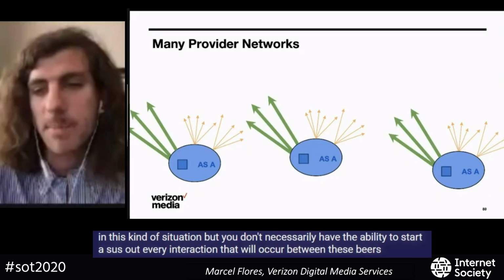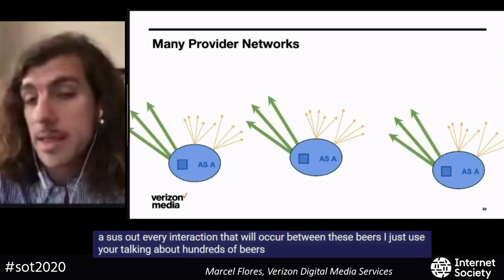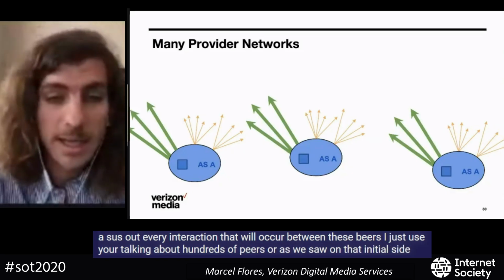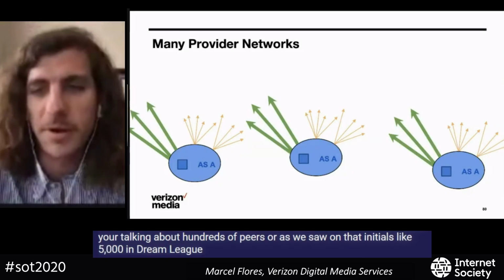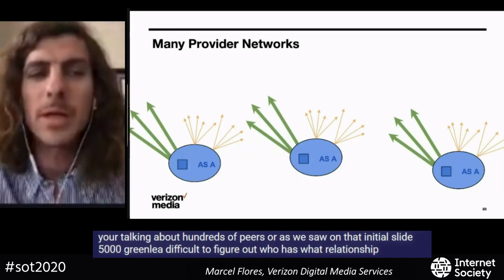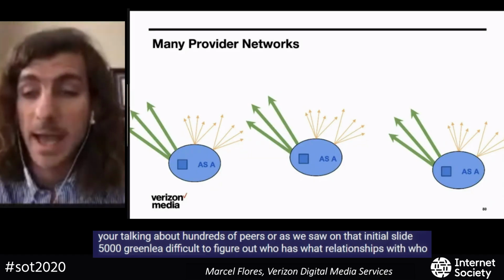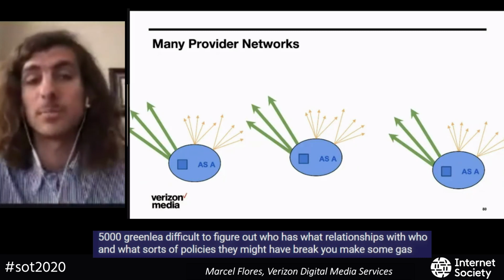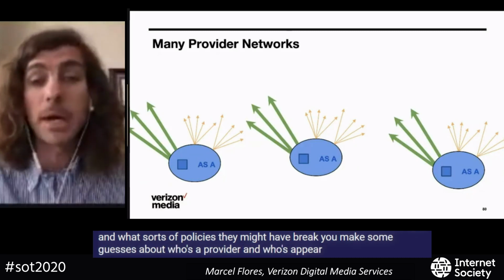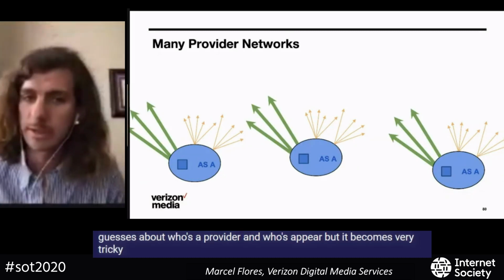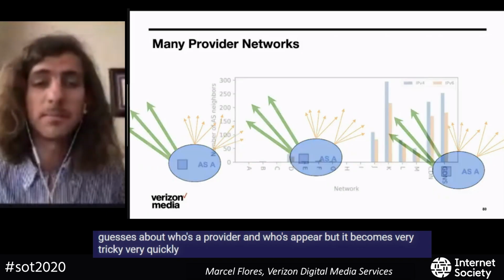As soon as you're talking about hundreds of peers, or as we saw in that initial slide, 5,000 interconnects, it suddenly becomes extremely difficult to figure out who has what relationships with who and what sorts of policies they might have. You can make some guesses about who's a provider and who's a peer, but it becomes very tricky very quickly. And next slide, please.